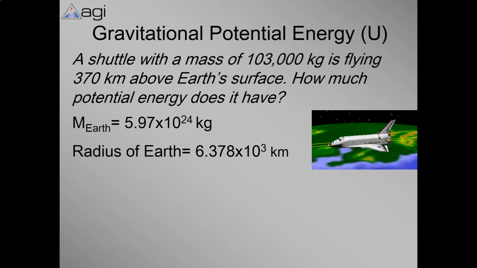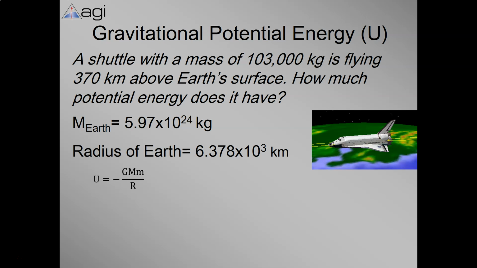First of all, it has a mass of 5.97 times 10 to the 24th kilograms. That's a lot of mass. The radius of the Earth, as we saw earlier, is 6.378 times 10 to the third kilometers. Okay, roughly 6,378 kilometers.